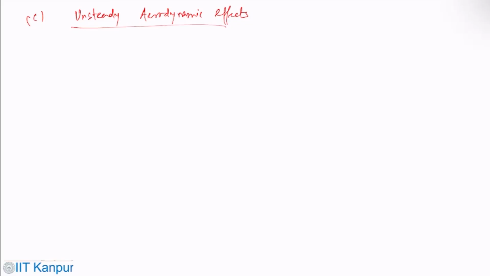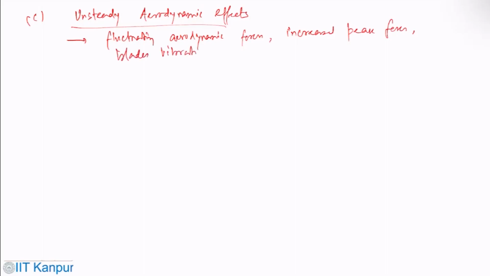So these unsteady aerodynamic effects will essentially have fluctuating aerodynamic forces, increased peak forces, blade vibration, significant material fatigue, etc.